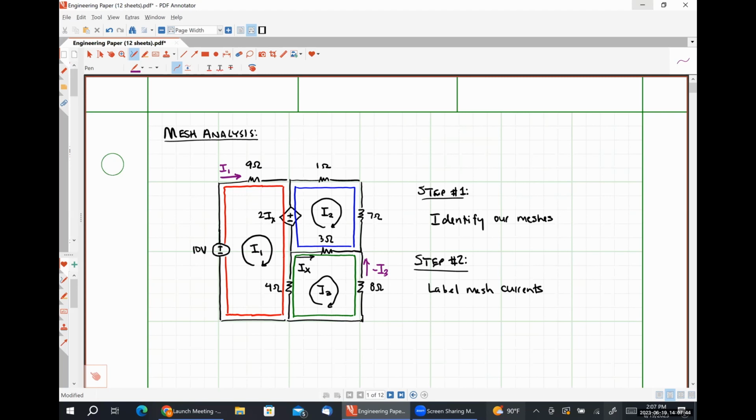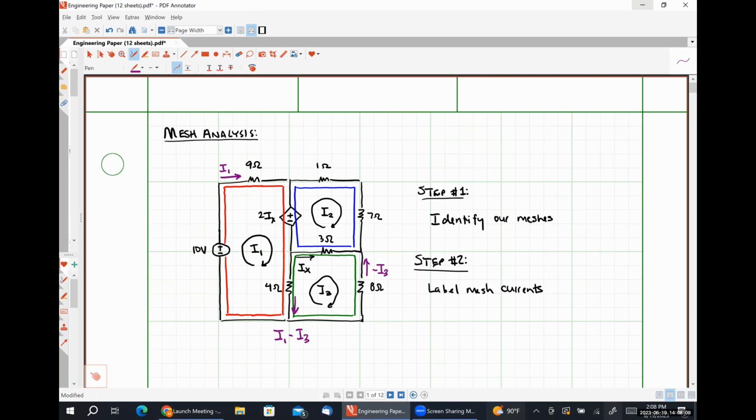Since it's in the opposite direction as our mesh current, it is the negative of our mesh current. The last one that I want to talk about, let's do this one right here, is this current through our 4 ohm resistor. So this current would be expressed as I1 minus I3.